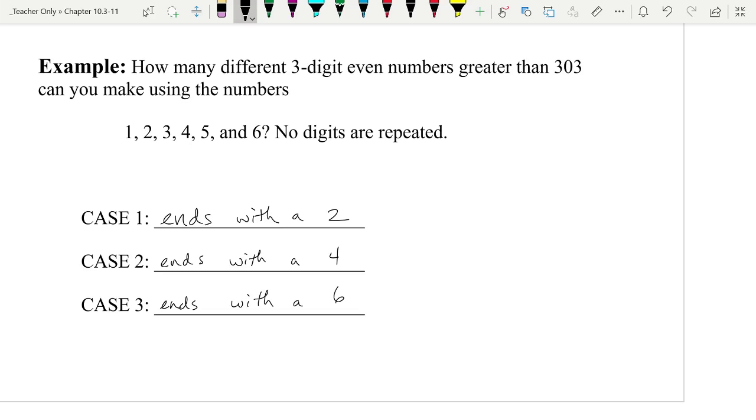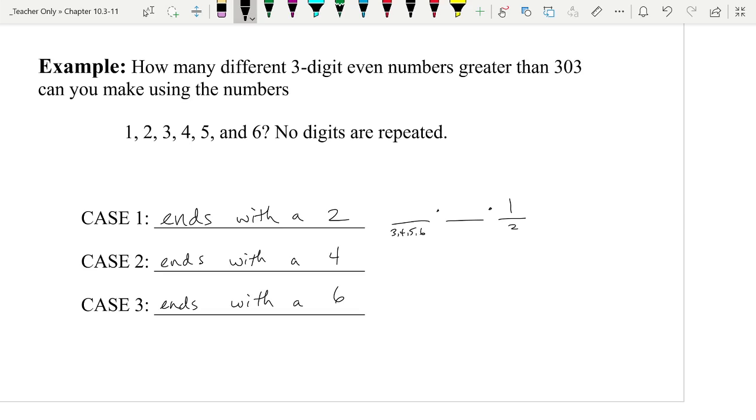We're picking a 3-digit number, and it has to end with a 2. So a 2 goes here, so there's only one way I can pick a 2. After that, all that I care about is that the first digit is 3, 4, 5, or 6. Right?